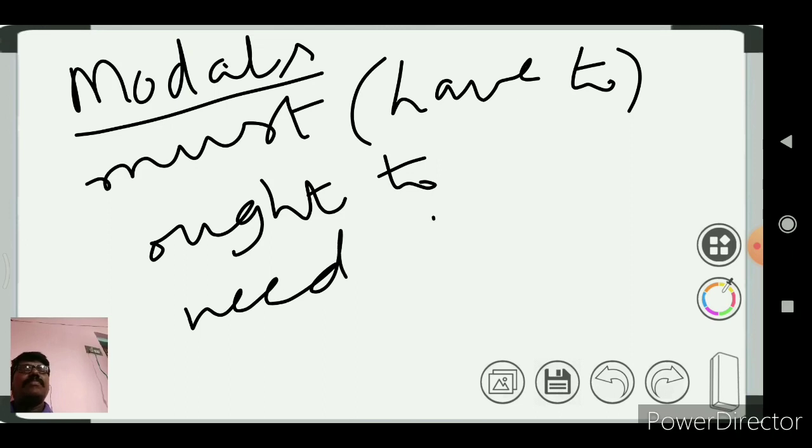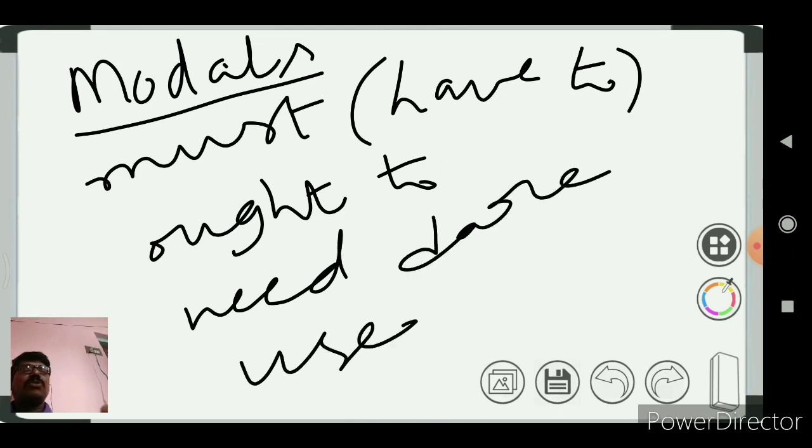Need. Dare. Used to. So, will, would, shall, should, can, could, may, might, must, ought to, need, dare, used to. These are all modal verbs.